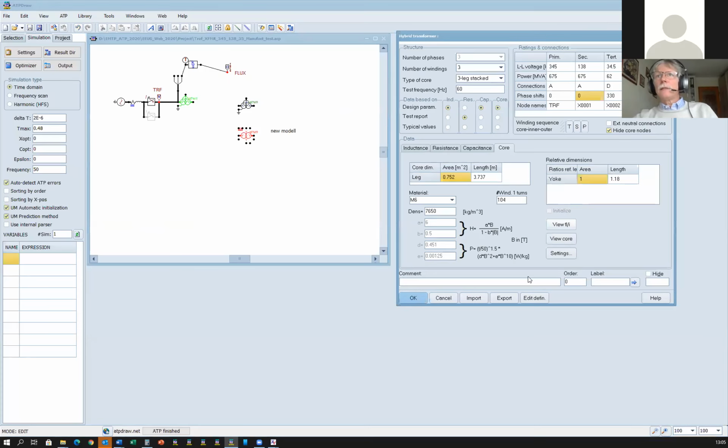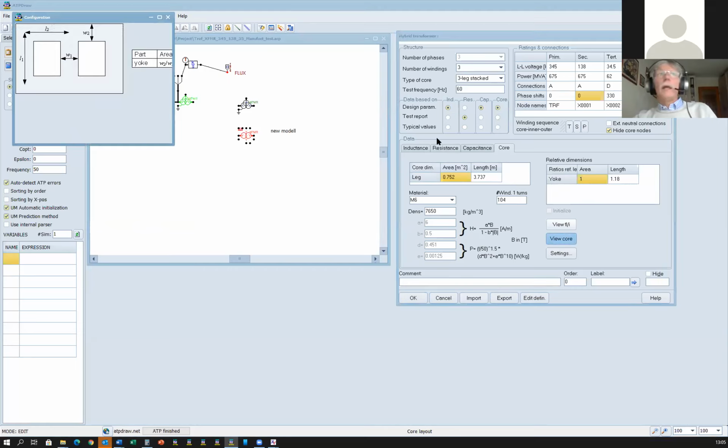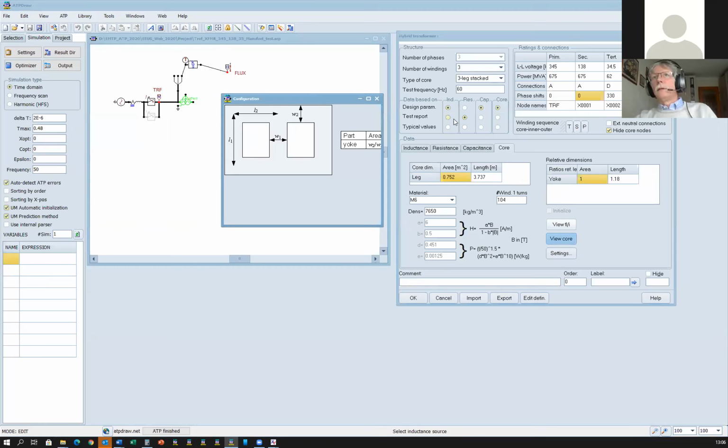Design data means information about the core and the arrangement of the windings. So if you have this data, you can use the modeling option, the so-called design parameters. If you don't have this data, you can use just the test report.